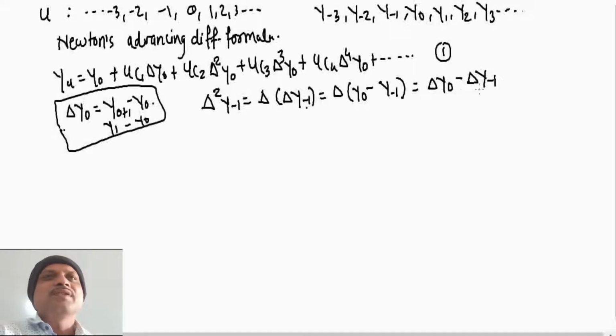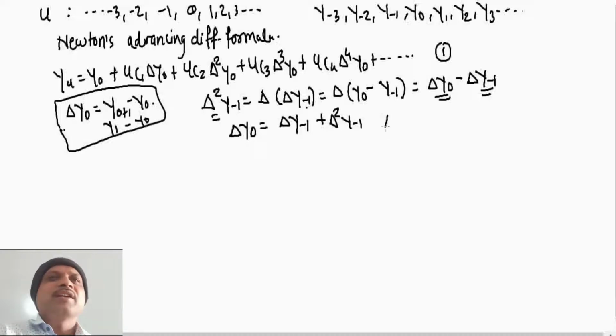So transfer this value to the left side and let us deduce delta y0. Delta y0 equal to delta y at minus 1 plus delta square y at minus 1.